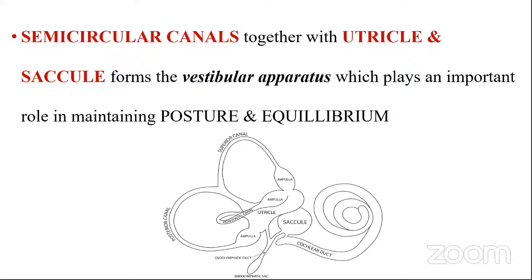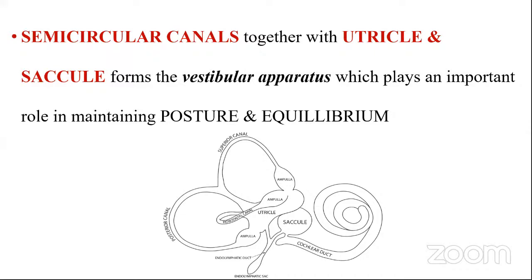So, the position of the three semicircular canals you can see in the diagram. You can see the superior canal, and in the lower part of the superior semicircular canal, there is an ampulla.